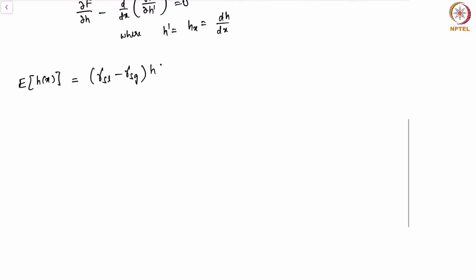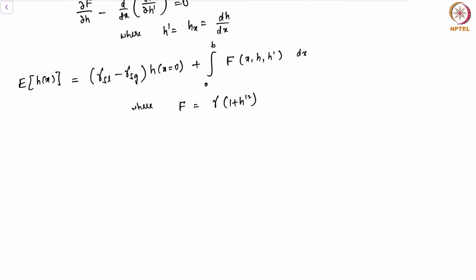This is multiplied by h at x equal to 0, which we had called h0, plus an integral going from 0 to b of this quantity f, which is a function of x, h and h prime, dx, where this quantity f is nothing but gamma times (1 plus h prime squared) to the power half plus half rho g h squared.